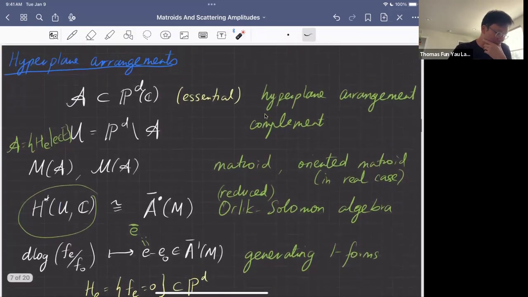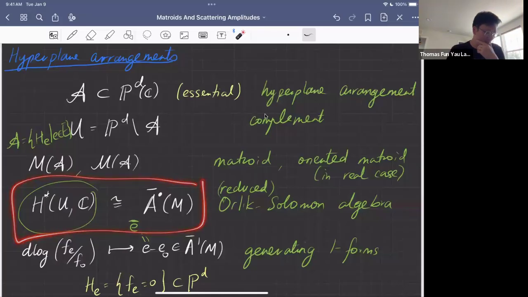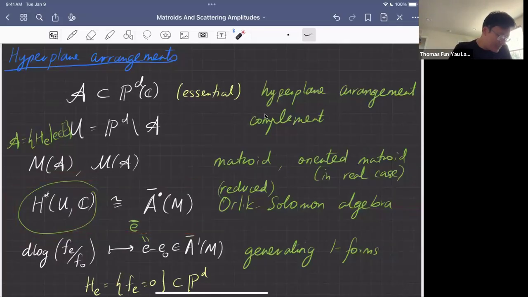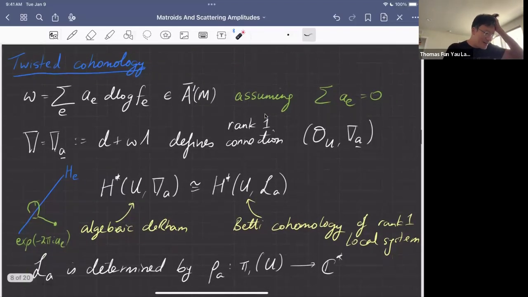So I want to move on to a variation of this theorem, which is twisted cohomology. Twisted cohomology, I think, was very popular in the 80s, 90s, and 2000s.